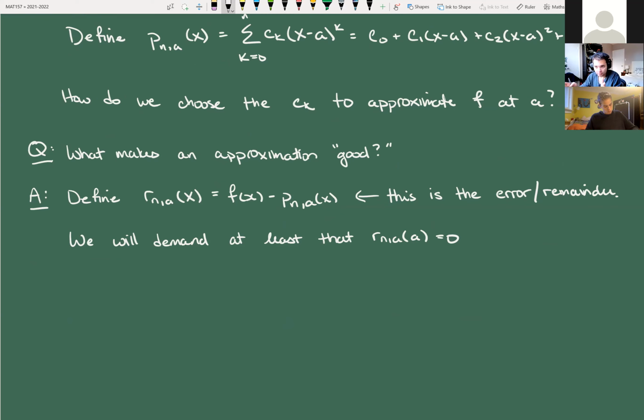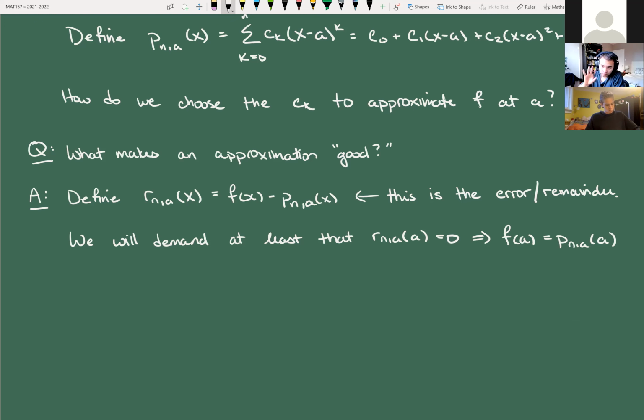Nearby, they might start to differ, and it's only going to be an approximation. But at the point that we're approximating at, at least they should be equal. That's the same thing as saying f(a) is P_{n,a}(a). So at the very least, that should be true.